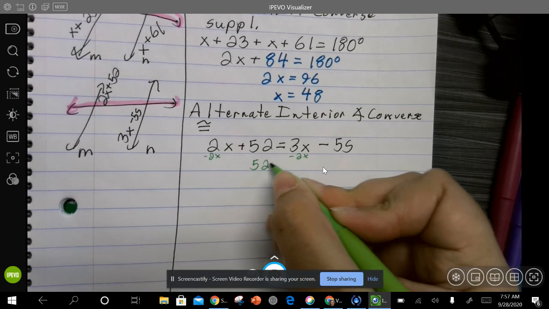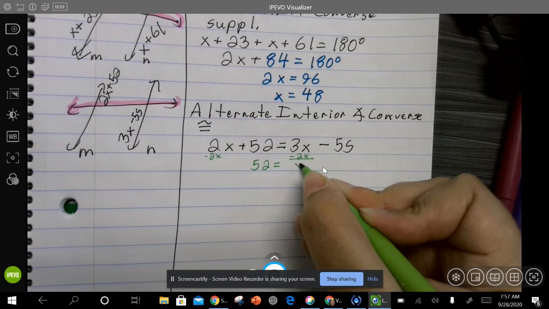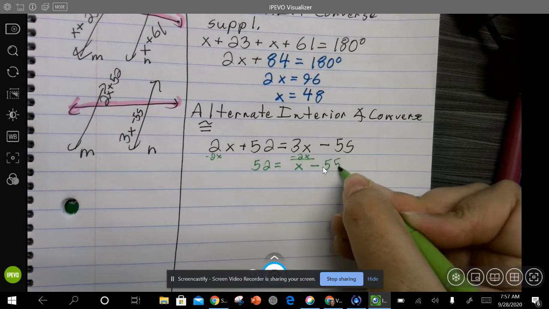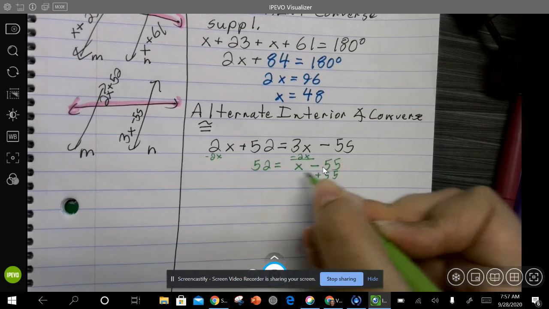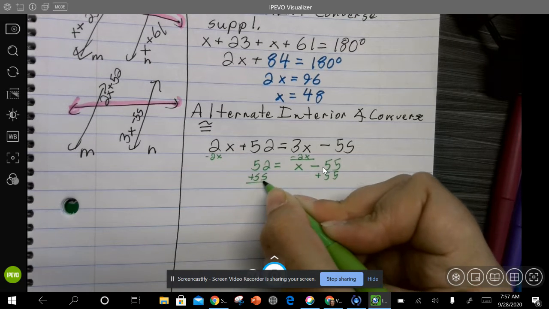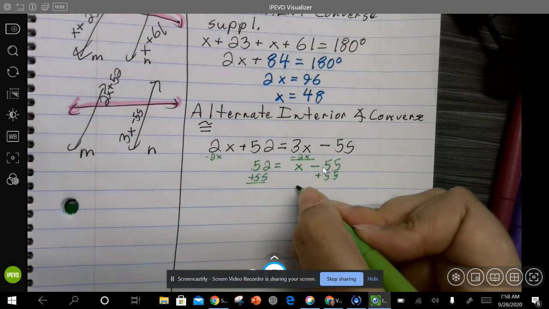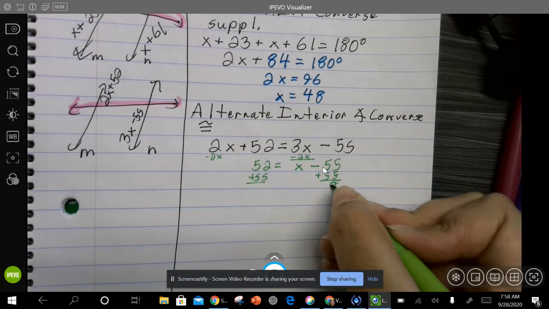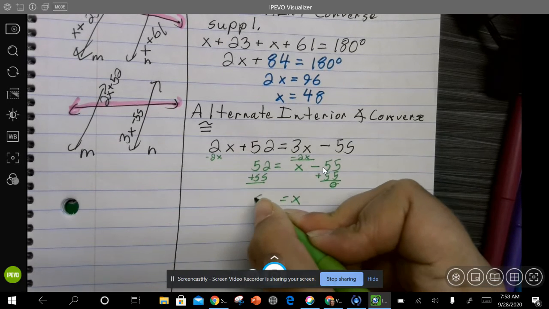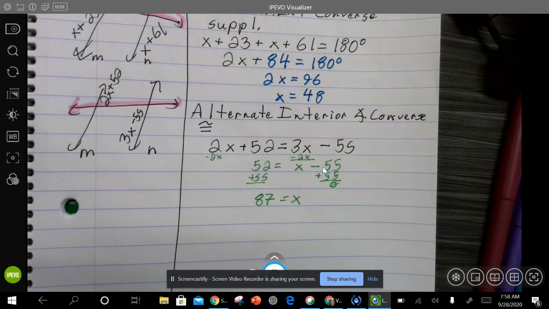So we get 52 is equal to x minus 55. Add 55 to each side. We get x is equal to 87.